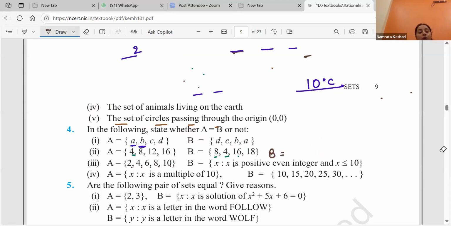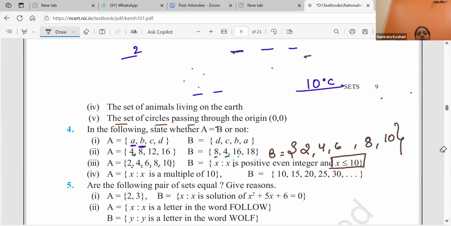Set B is the set of all x, where x is a positive even integer, and x is smaller than or equal to 10. If you are comfortable with inequality, you will understand x can be 10 or smaller than 10. Right, Manvi? Now we have to match whether these two are exactly the same or not.